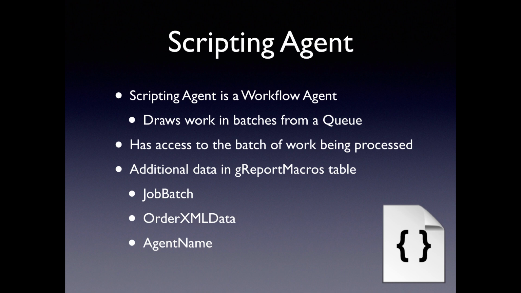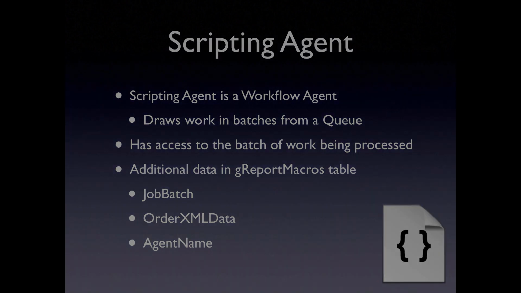It is discussed in the scripting guide, so if you have more questions on that, you can find that there. There's order XML data, which is a representation of the root element of the order XML for the order. And then there is the name of the agent that is currently being executed. So let's take a look at a script being executed in an agent.